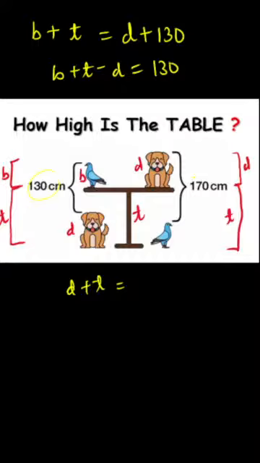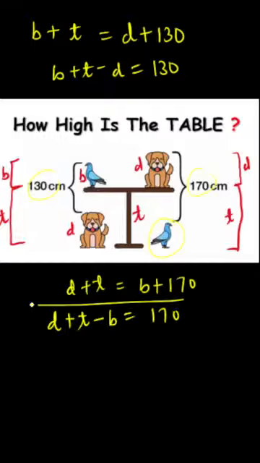If I take the B to the other side, this equation becomes D plus T minus B is equal to 170. So now these are the two equations that I have.